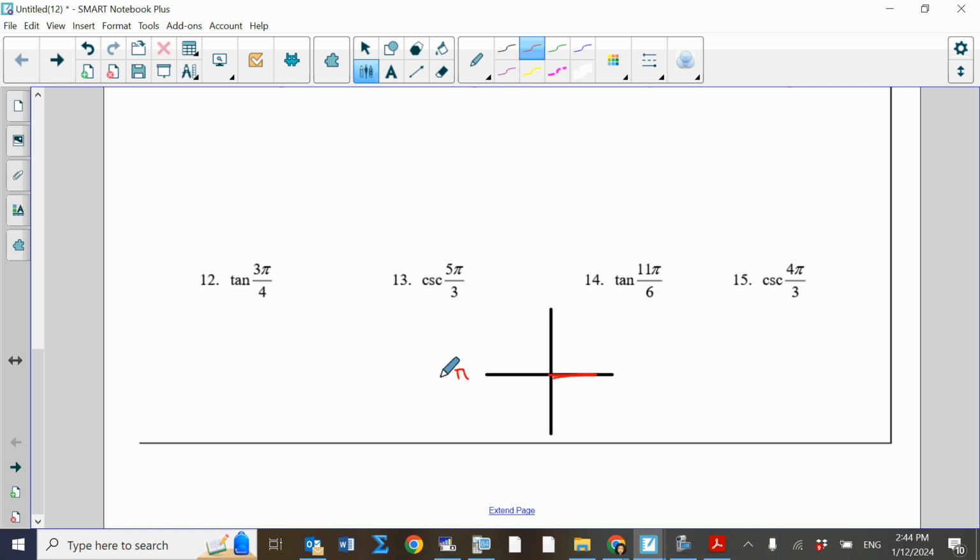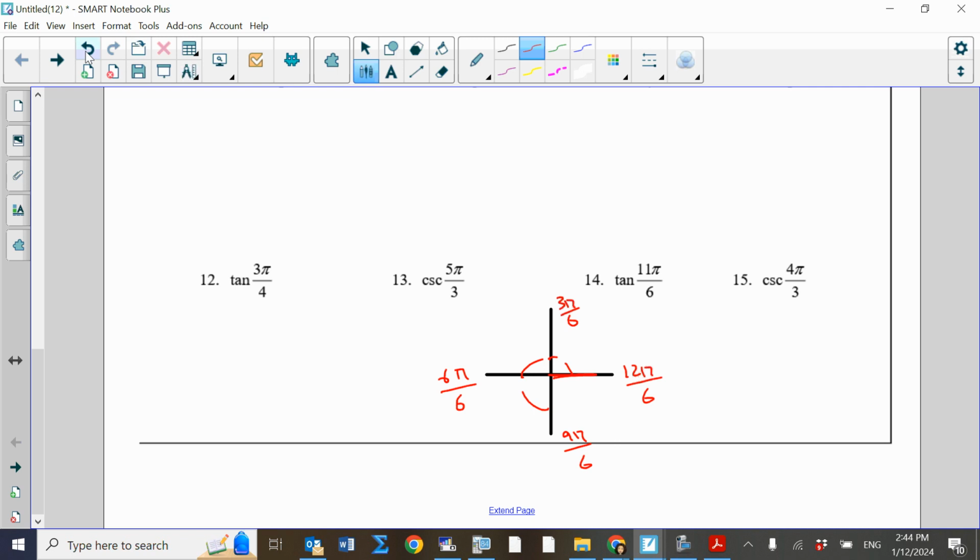Here will be pi, which we're going to change to 6 pi over 6. Half the way from 0 to 6 pi over 6 is 3 pi over 6. When we reach here, this is going to be 9 pi over 6, and a full circle will be 12 pi over 6 because each quarter is 3 pi over 6. So each time we are adding 3 pi over 6.